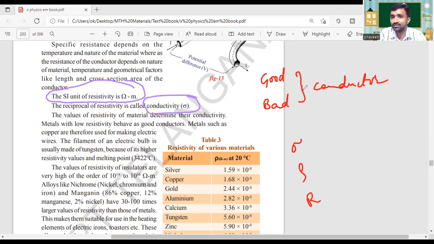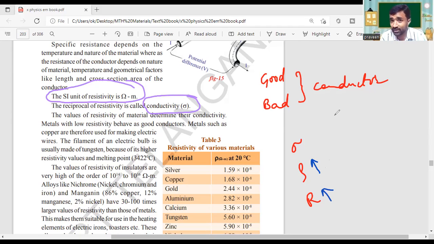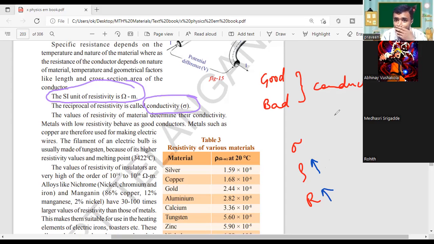Based on resistance only, right? Look at what you are learning here. If resistance is more, resistivity is more. What about conductivity? Tell me. Anyone? If resistance is more, resistivity is more, what about the conductivity for the same material? Is it more or less?